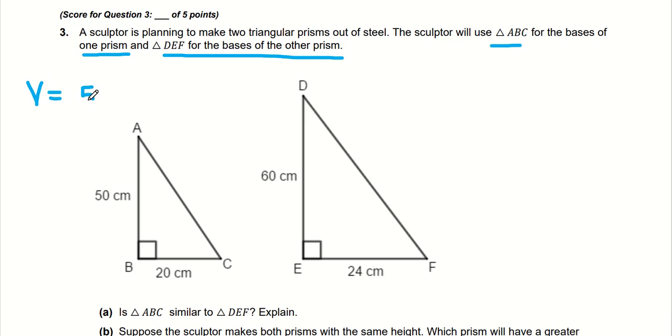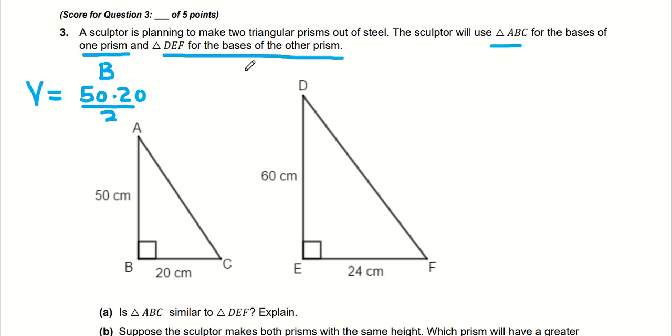So the volume is going to be the area of this triangle, and the area of the triangle is base times height, divided by 2. That's the area, or we call it a capital B when we're going into volume. So the area of the base times the height would be our actual volume.